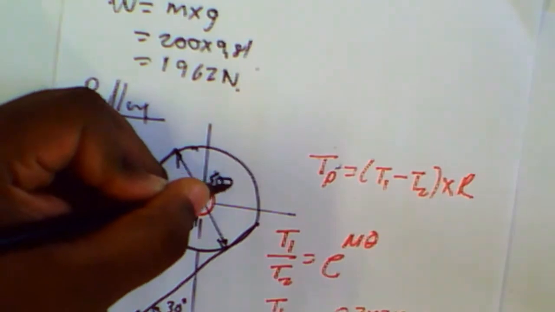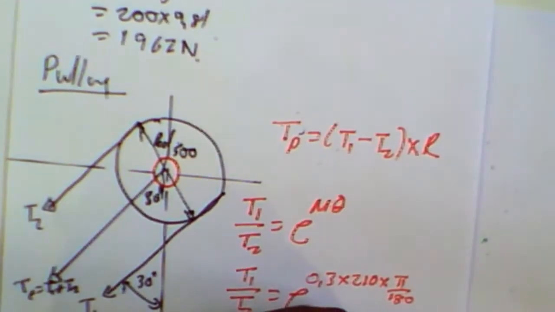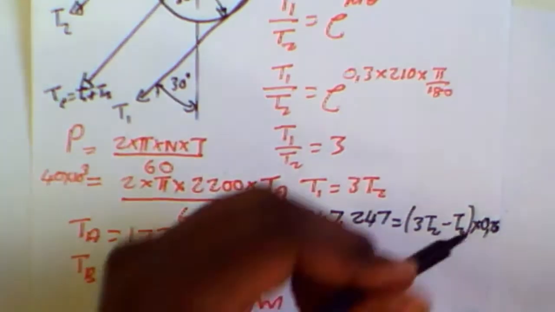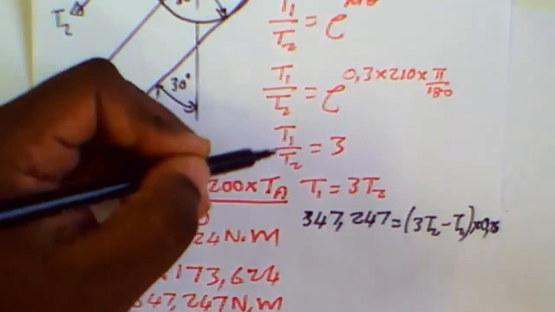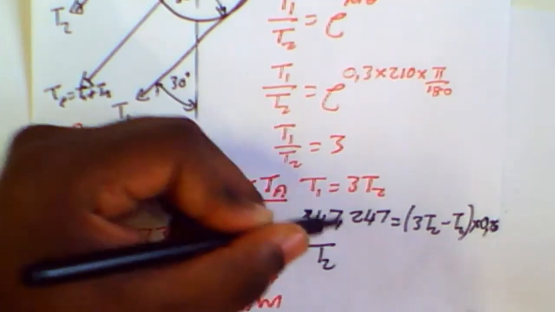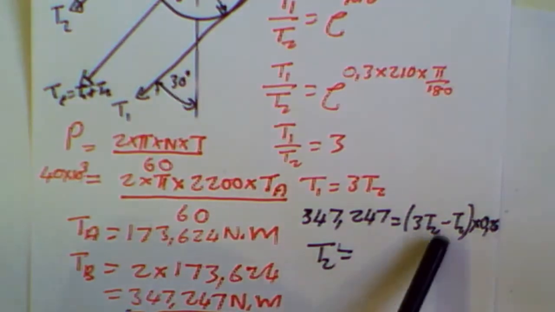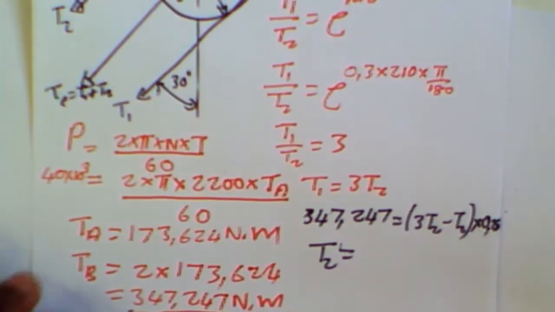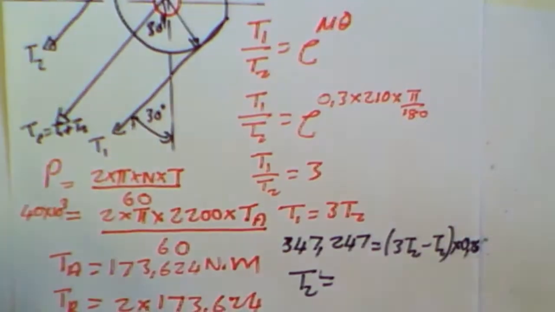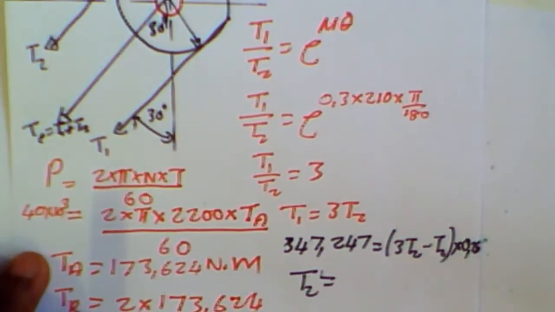So this is the PCD, and therefore the radius will be half of that, which is 0.25. So to find my tension T2, it will be nothing but just solving that equation there. 3T2 minus T2 gives you 2T2.